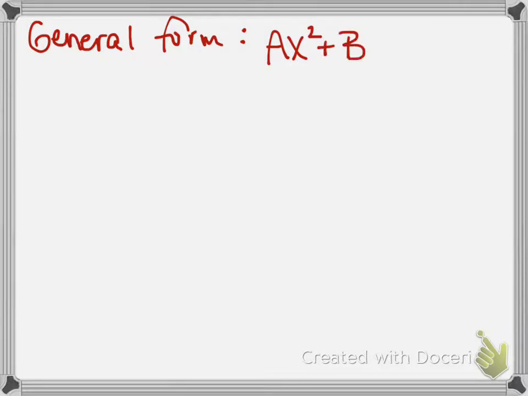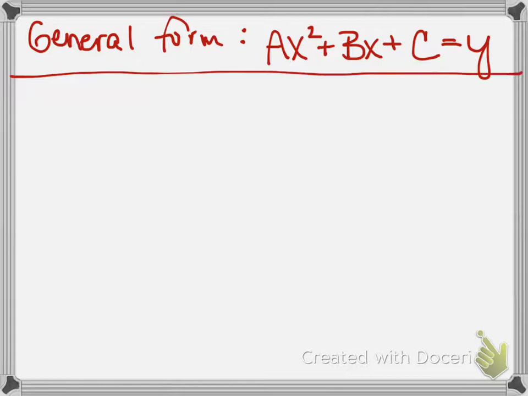So general form is when we have a number times x squared plus another number times x plus a constant, and this is all equal to y, of course. So that's what I'm looking to get these equations in.